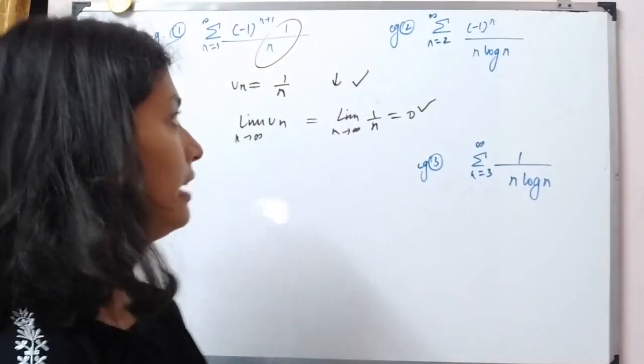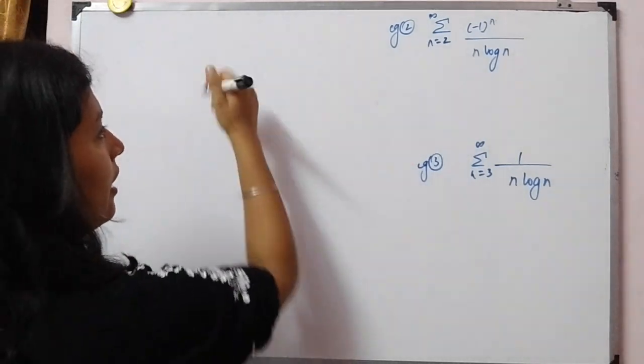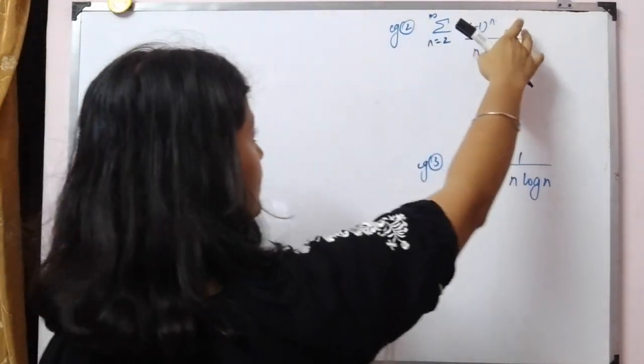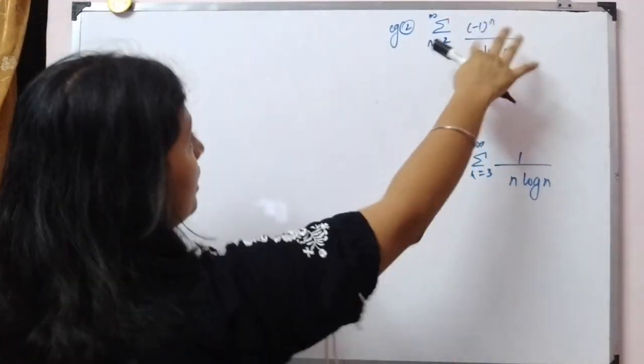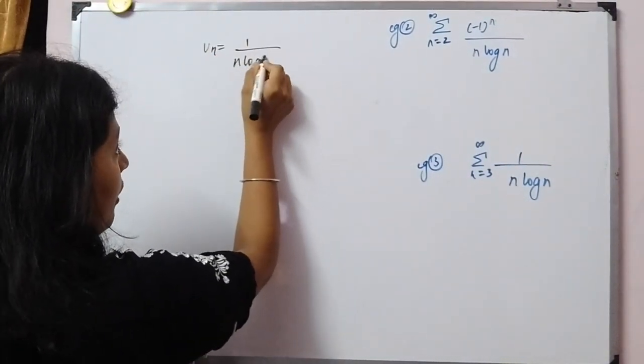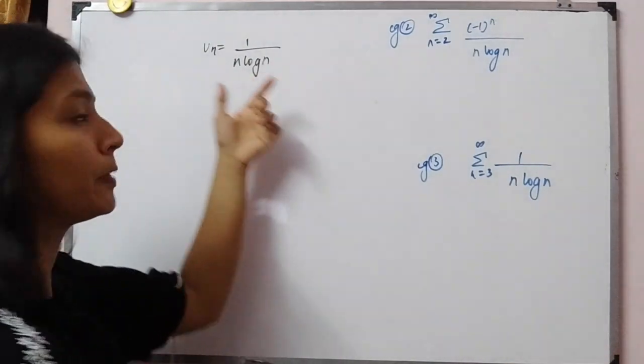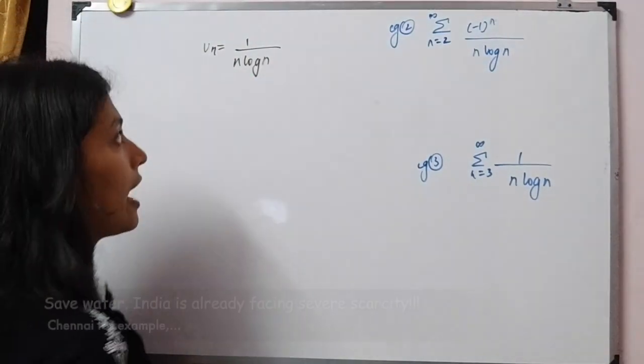Clear? Let's move to the second example. This is also an alternating series. If we ignore minus 1 raised to power n, the value of un becomes 1 upon n into log n. Now we have to check two things: first, it should be decreasing, and second, it should have limit 0.